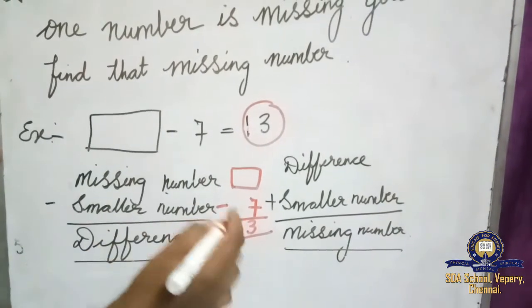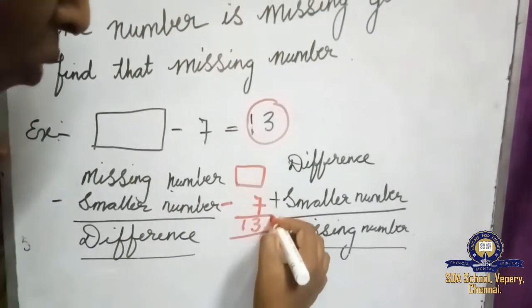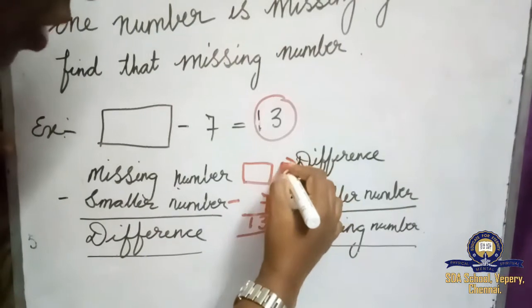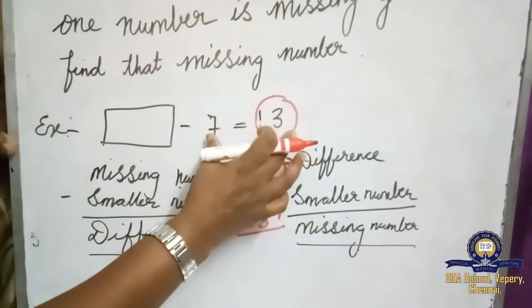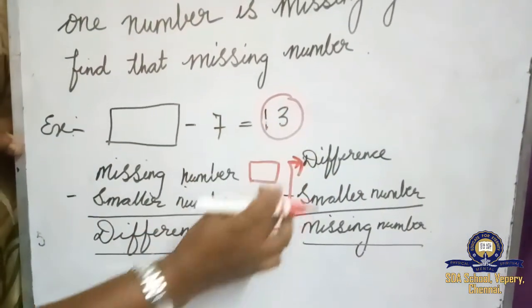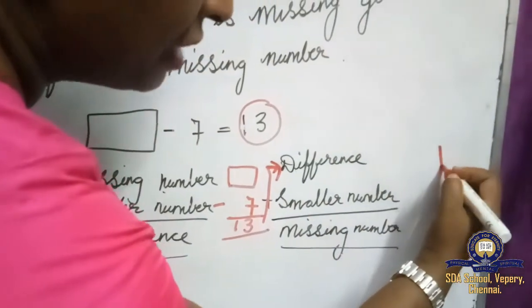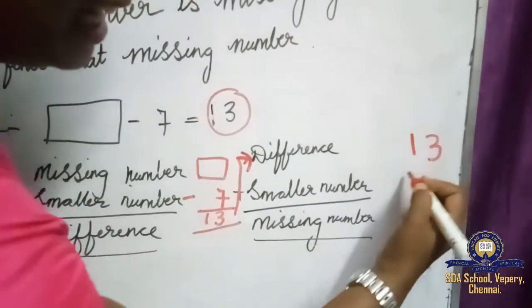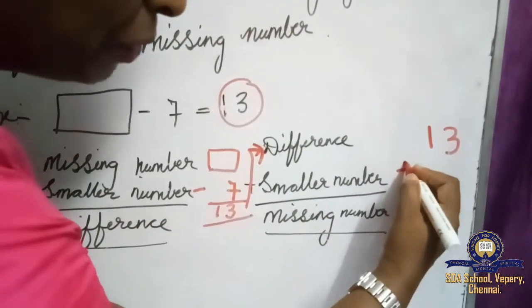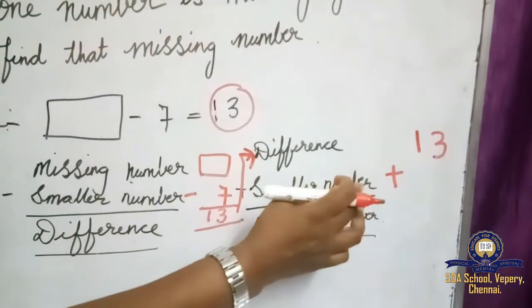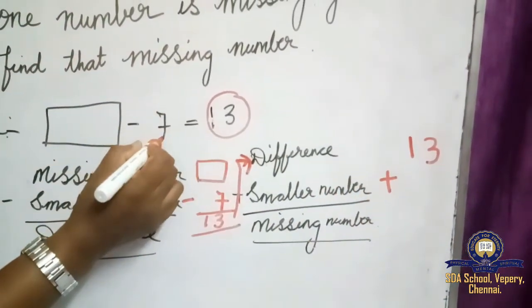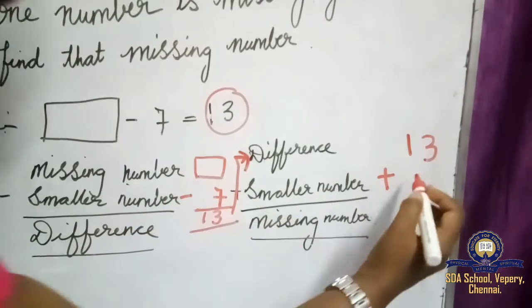Now to find the missing number, this is very important. I told you already, we have to add the difference. Here the difference is 13. You have to put plus the smaller number. Which is the smaller number? 7.